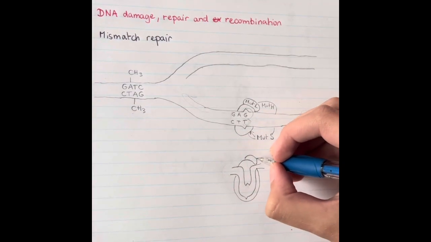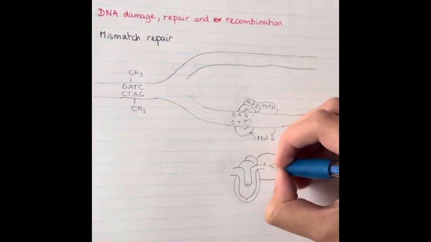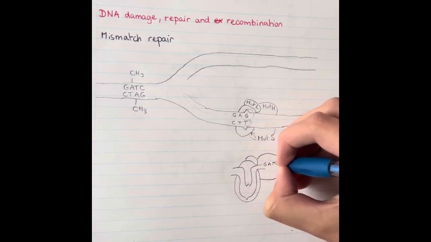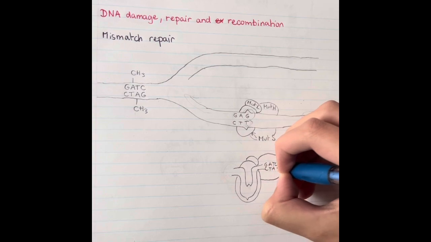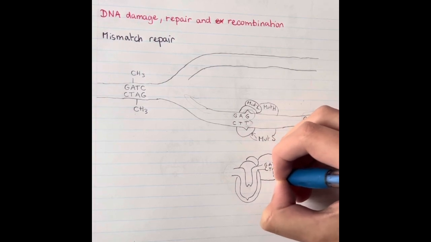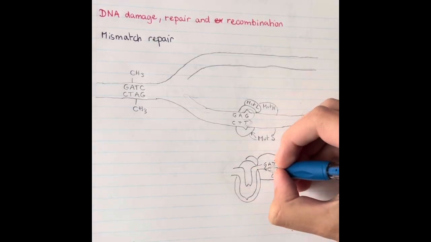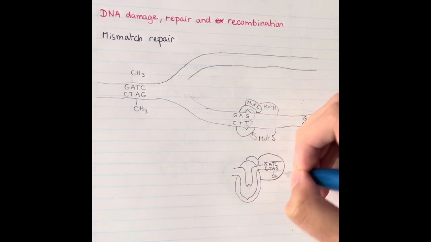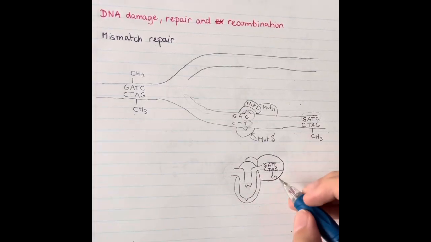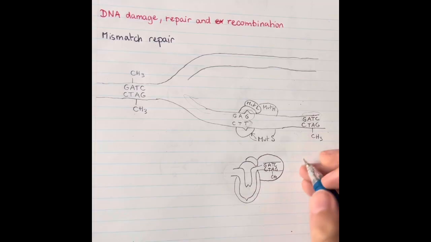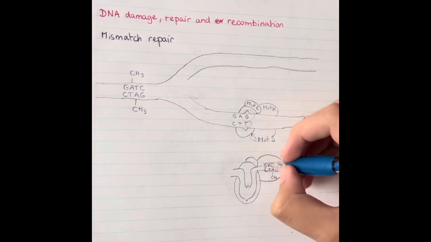And then when MutH has finally found the GATC site to bind to, that's when it can do its function, and it is going to cleave.